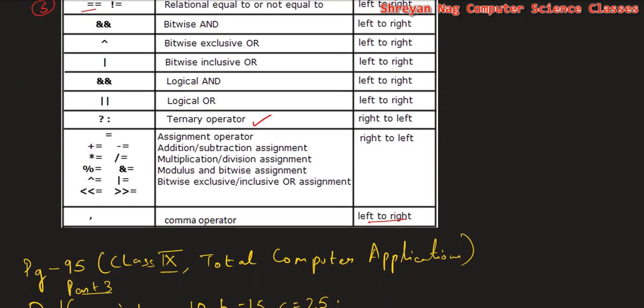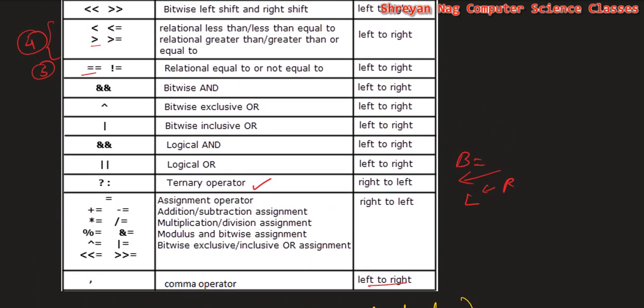Then the assignment operator, where we find b equal to a. It follows right to left operation, and along with that, all the shorthand operations. So these follow a hierarchy, right? This is 6, 7, 8, 9, 10, 11, 12, and lastly the comma, 13.